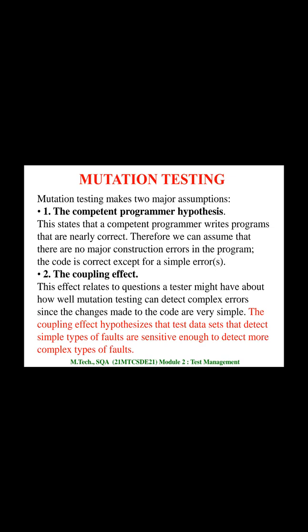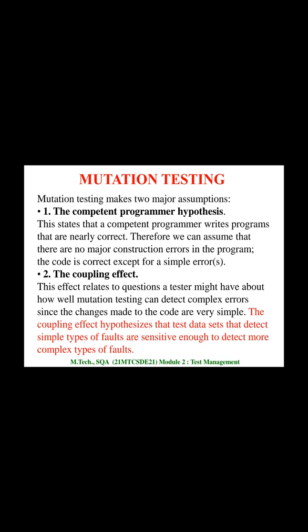And the second assumption is the coupling effect. I think you might have studied coupling and cohesion in DBMS, that is normalization: first normal form, second normal form, third normal form. The same way, you might have studied coupling and cohesiveness in object-oriented programming, OMT, object management techniques.